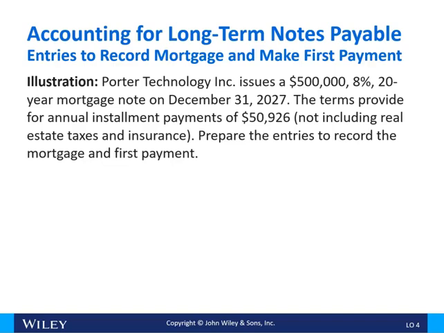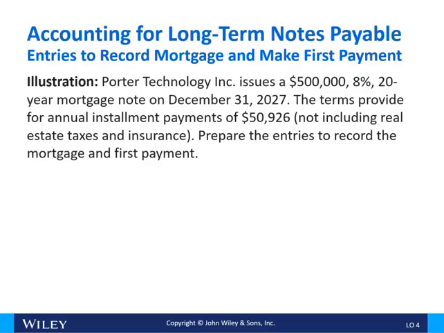Now, what are the entries to record the mortgage and the first payment? So to record the mortgage, it's like we've seen before, we're receiving cash. We're going to debit cash for $500,000, credit mortgage payable for $500,000.